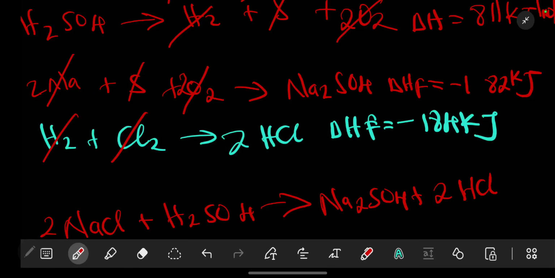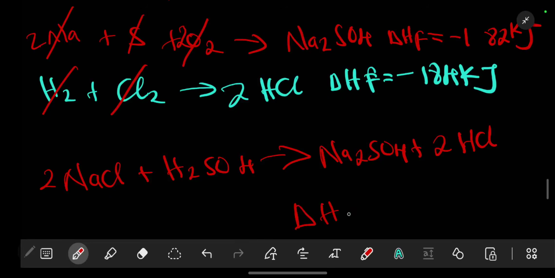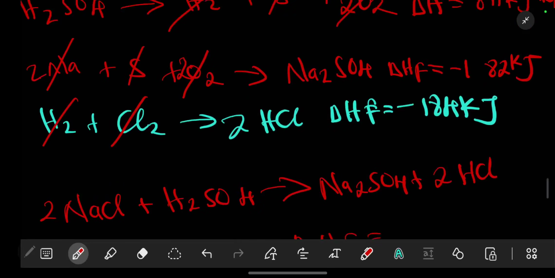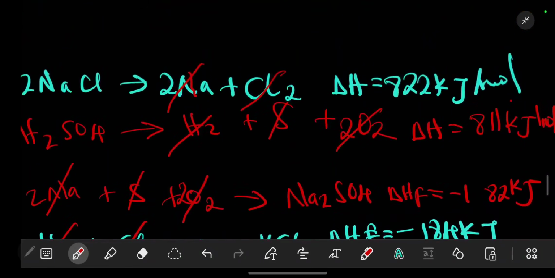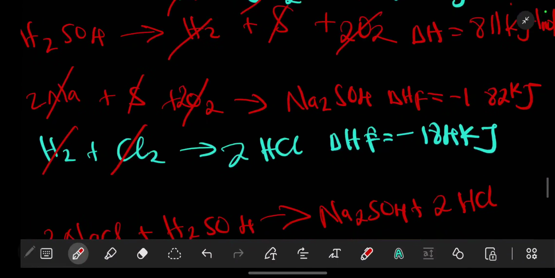2 moles of HCl. So then the change in enthalpy will be equal to, remember we have the same things. Now we just have to add our change in enthalpy. There's supposed to be a 3 there.